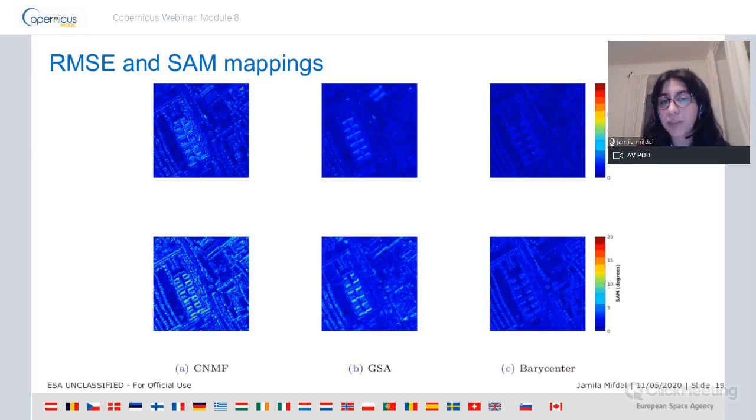For our method, we can see that we stayed in the blue, there's no point that goes to the red. We have some points that are in light red color, but most of the time there are no big errors in the fusion. And for the state-of-the-art methods, we can see in some of them, especially in the CNMF, that there are some red spots, and we can see some light colors in the images, which shows that there are some mistakes, or in some spots the fusion didn't go correctly.